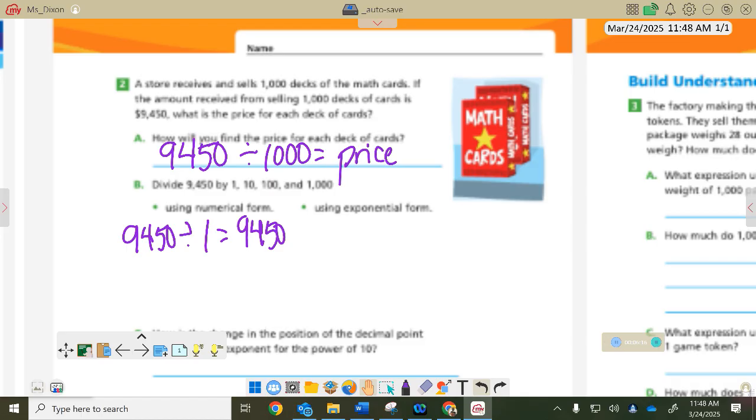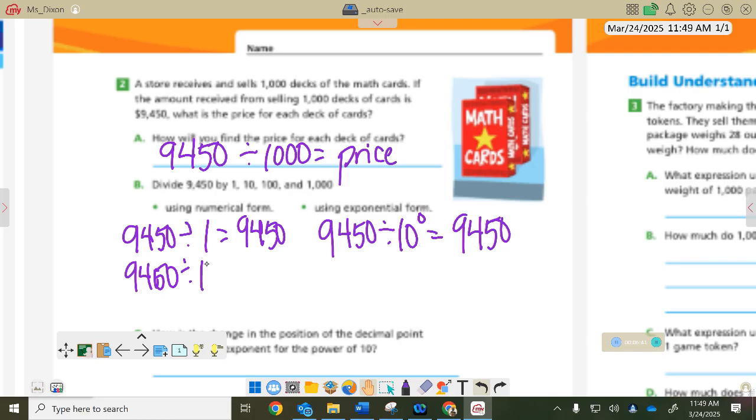So that would be 9,450 divided by 10 to the power of, how many zeros are in this? So to the power of 0 equals 9,450. Alright? 9,450 divided by 10 equals 945.